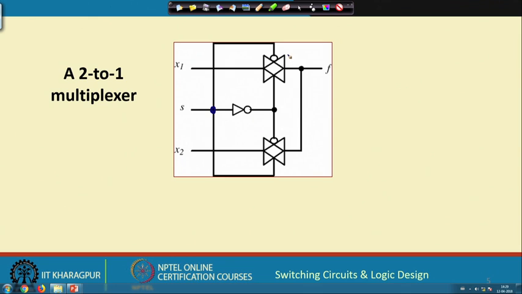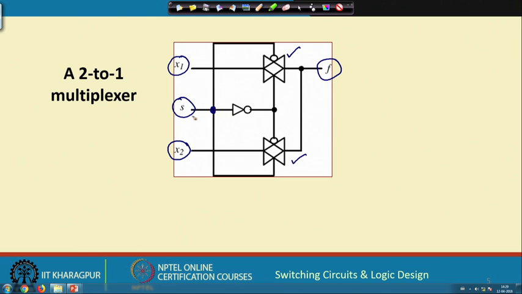There are two transmission gates I have used, one here and one here. At the inputs of the transmission gates on one side, I have the two input signals x1 and x2, and on the other side I have connected them together. This is my output f. Now, I have selected these two transmission gates using a select line S as follows.